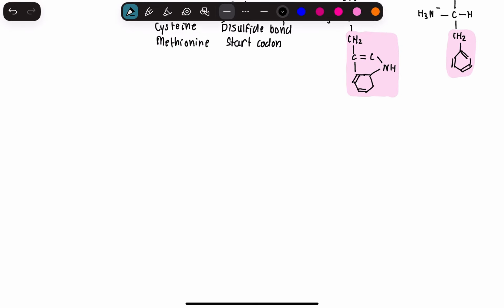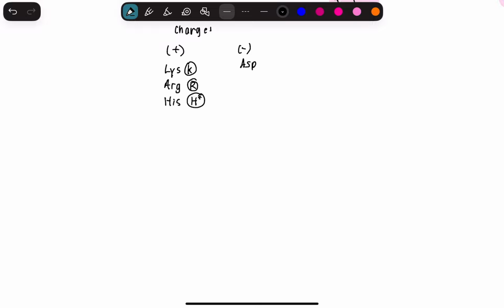Our negative charges are going to be Asp, D, and Glu, E, and then your neutral ones are going to be all the others.